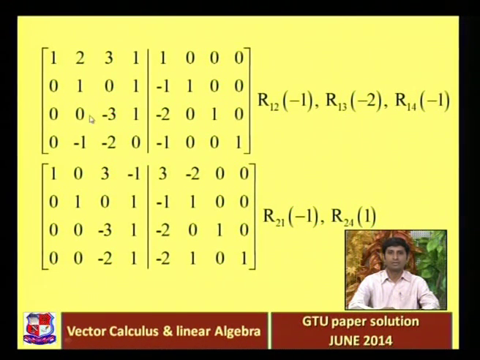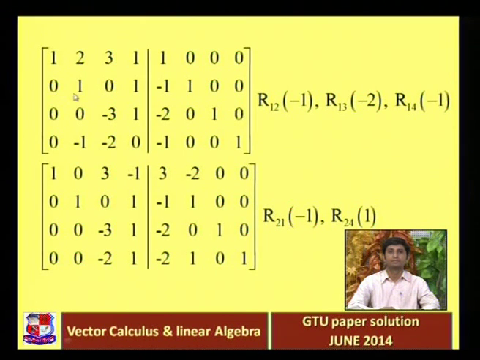So 0 plus 0 is 0, 1 minus 1 is 0, this is 0, minus 2 minus 2, 1 plus 0 is 1, minus 1 minus 1 is minus 2, then 1 plus 0 is 1, and then 0 plus 0 is 0, 0 plus 1 is 1, right?